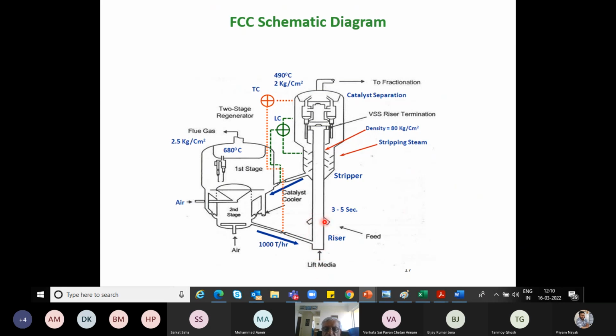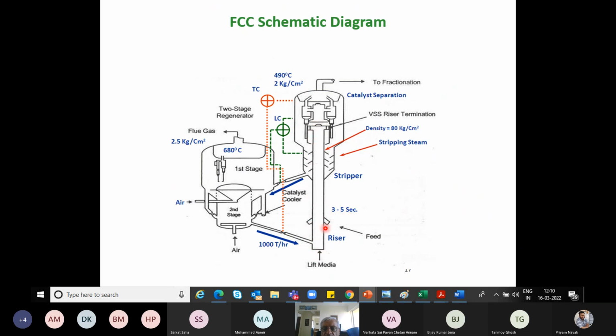Feed is injected through injectors, which is another piece of technology that has gone through quite a bit of development, and we'll talk about injectors later. And this is the total residence time that you have, 3 to 5 seconds in this riser.